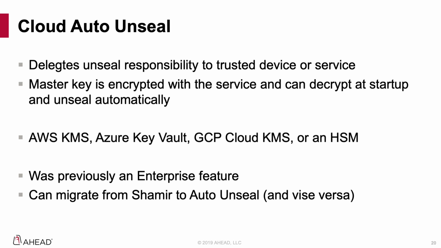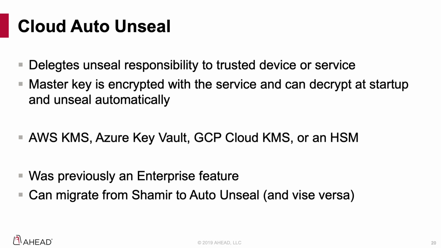I know most of you know I'm an AWS guy. So instead of using Shamir's sharing algorithm, we can delegate that responsibility to something like AWS KMS or Azure Key Vault to decrypt the master key and allow us to read the data and unseal Vault.